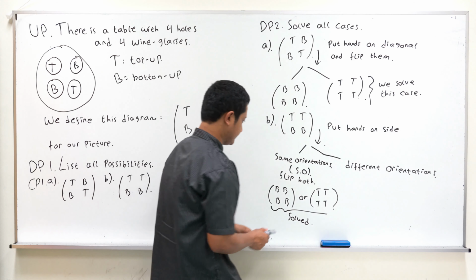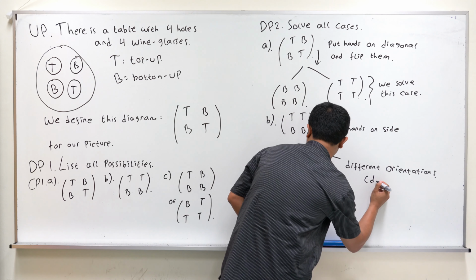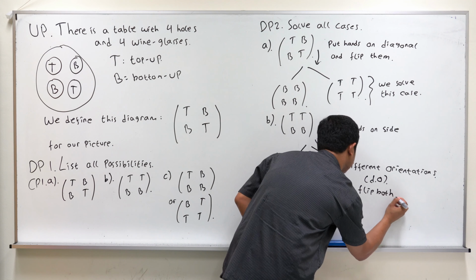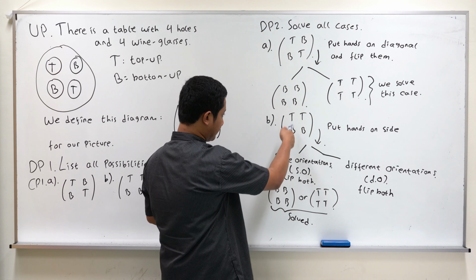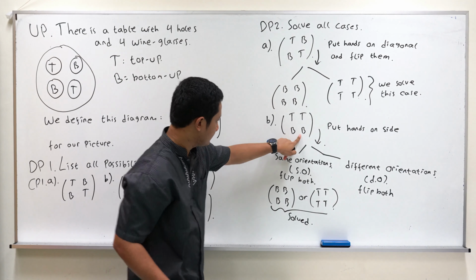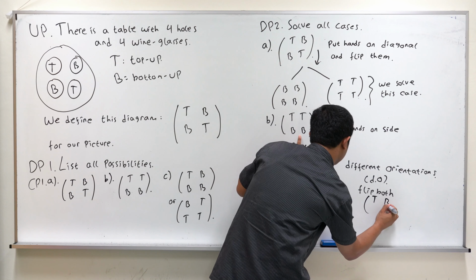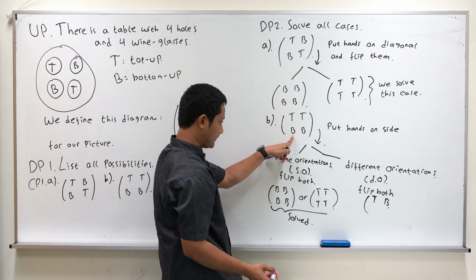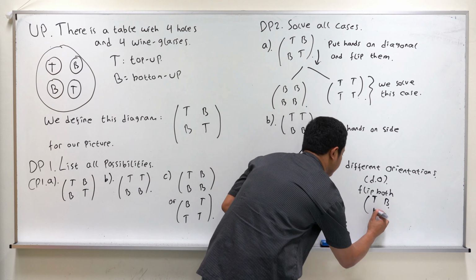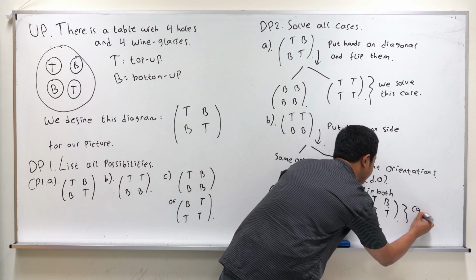Yeah, that's good. For example, here, okay, flip both. So what we have, if we get here, we flip both. So we get TB. Here becomes T, and here still B, and here T. BT. This one is case A.